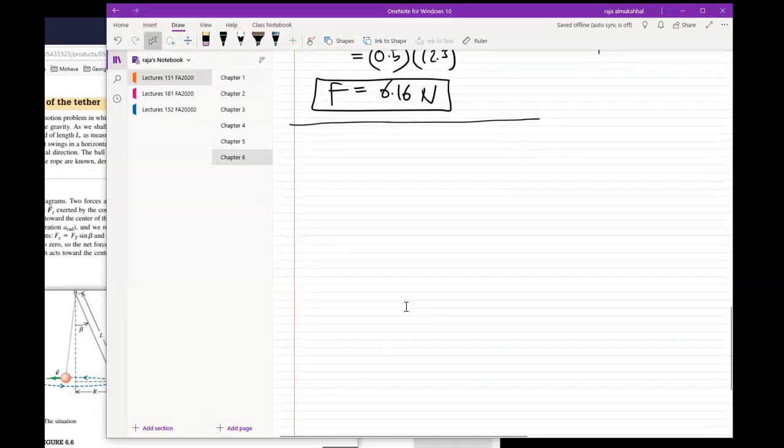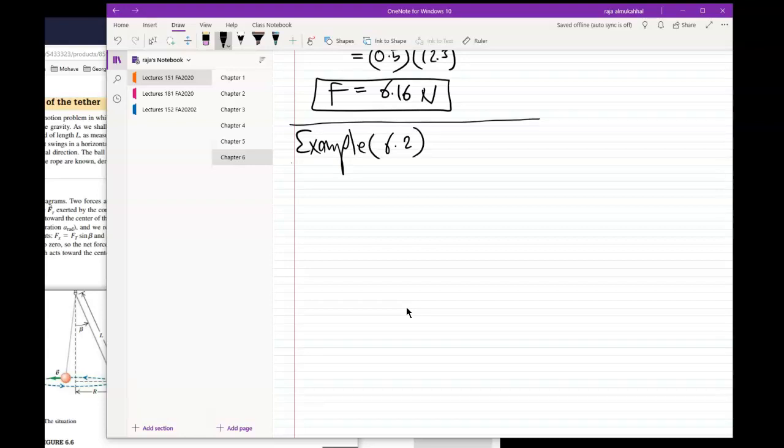Okay, so we have here example 6.2. And let me draw the picture for you. So what I have here is a circular path. And here is the ball right there. Here is the ceiling here.